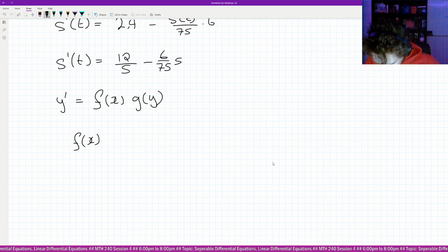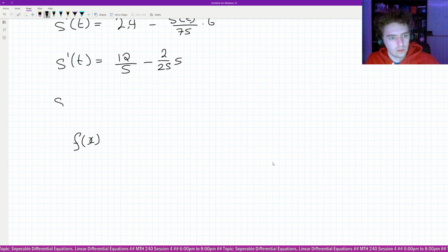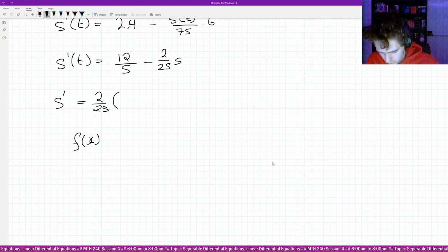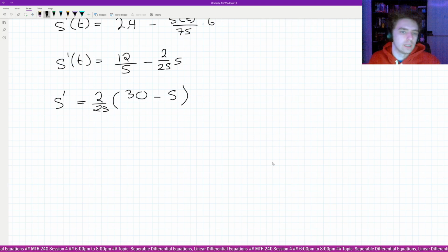What did he factor out? He factored out a 2 over 25. Oh, because this is actually 2 over 25. He factored out a 2 over 25, and apparently that worked. So I will do that, although it doesn't really matter. So S prime equals 2 over 25, and this was just 30 minus S. Right? Okay, so then from here, it's just a separable differential equation.